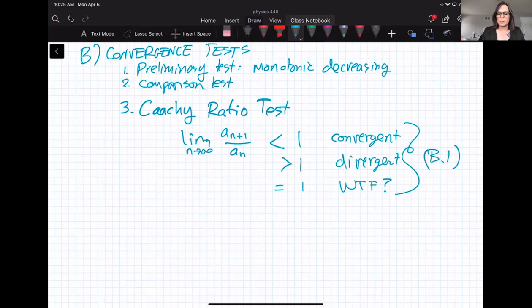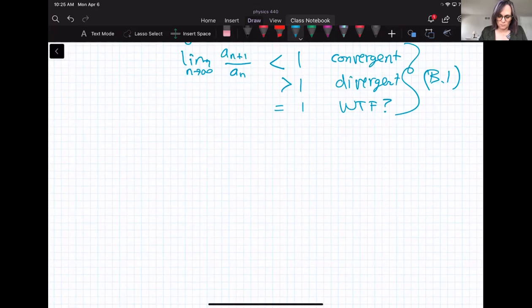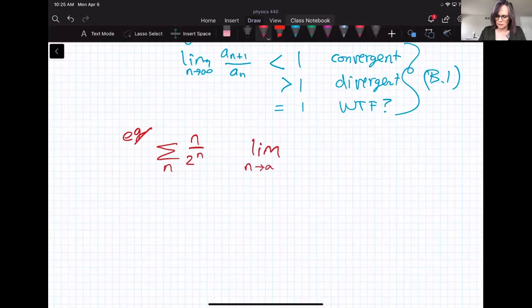So this obviously has wider use than just a simple comparison test or a preliminary test. But there are cases where it fails. So for example, let's look at examples. If we look at the series n divided by 2 to the n, the ratio test of that as n goes to infinity would be the ratio of n plus 1 over 2 to the n plus 1 divided by n over 2 to the n.